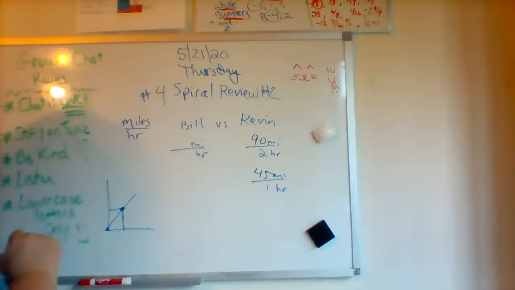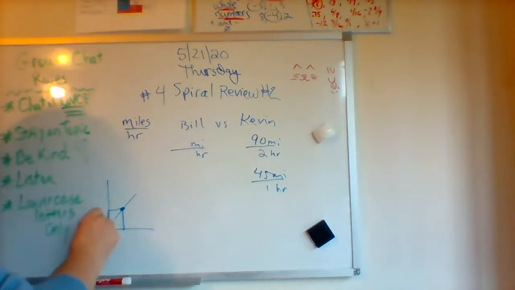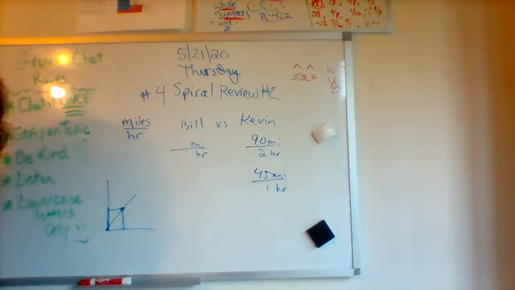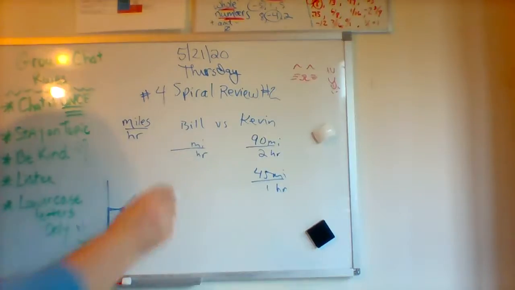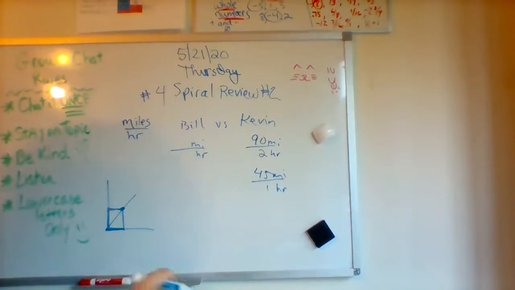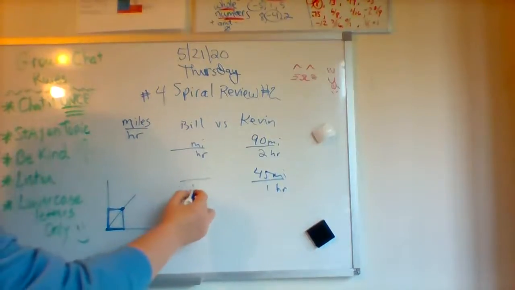It has to hit the corner. Tell me how many were up, right? And it looks like it's counting by tens, so be careful. So how many up and how many over? And then we're going to simplify it again so that for Bill, we get something per hour.